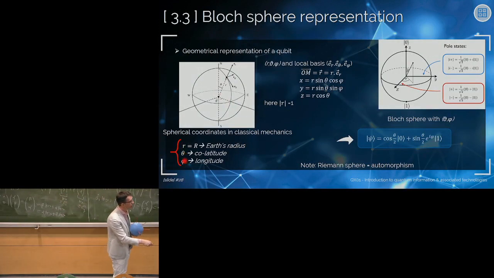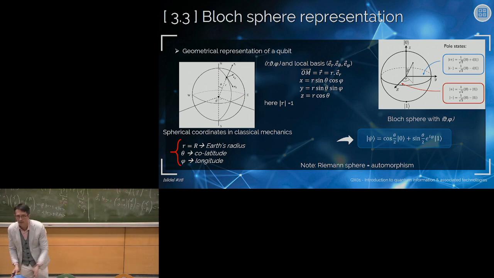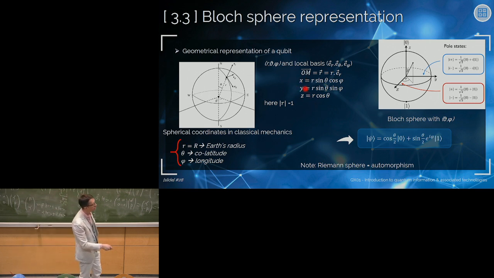So this is the mathematical equivalent. You have a basis. If you want to represent a point M in space, then OM is given by the vector R, and in Cartesian coordinates there would be X, Y, and Z. Of course, you have a relation between R, theta, phi and X, Y, Z. They are just projections.